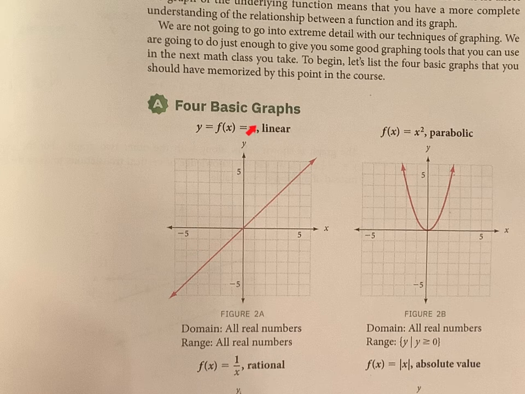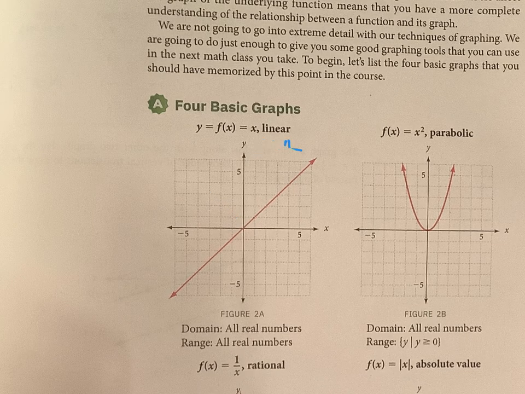If the exponent on x is a 1, which it is because it doesn't show up here, so it's an assumed 1, it will always give you a straight line, and it will always go through the origin if it's just an x, or even if it's a number in front of the x, as long as a number isn't added or subtracted to the x. So as long as it's not something like that, it's going to be a straight line through the origin.